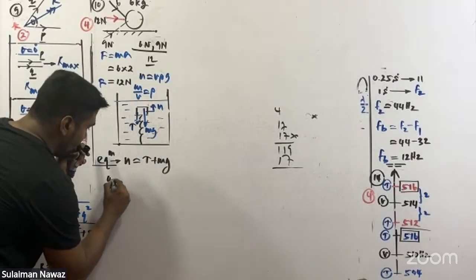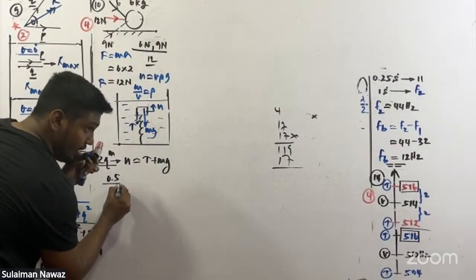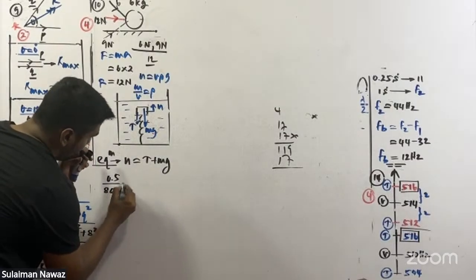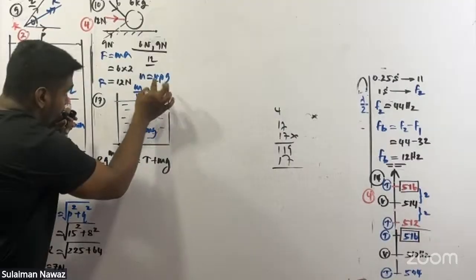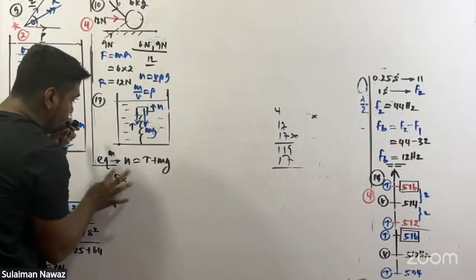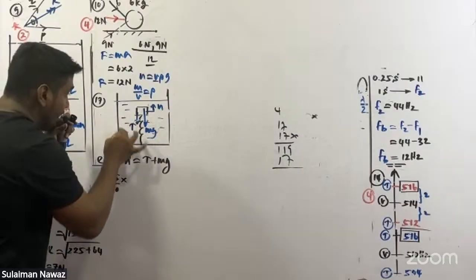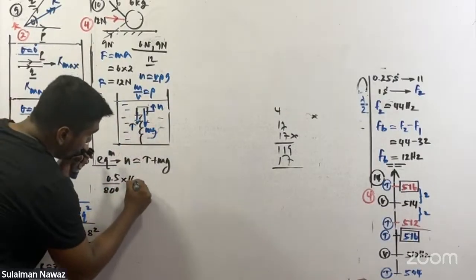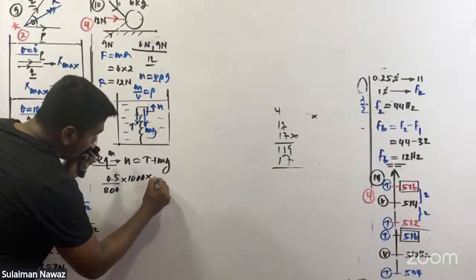Mass is 0.5, density of the wooden cube is 800. Then rho, the density of the surrounding liquid, is 1000 for water, and the gravitational acceleration is 10. This must be equal to T plus mg.